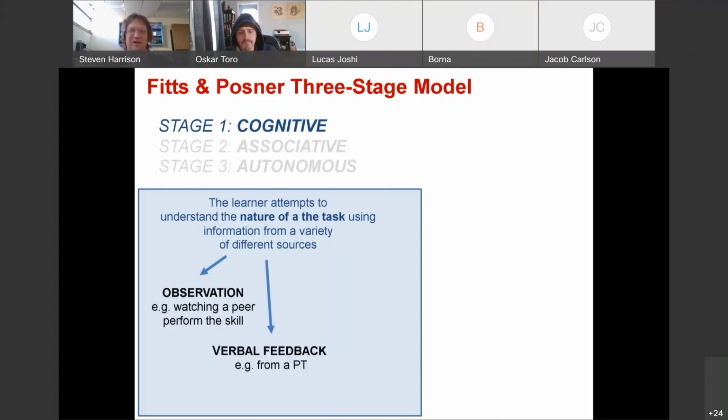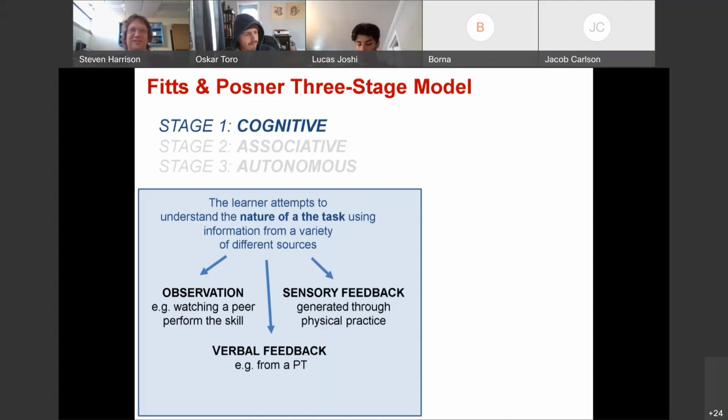It might be verbal feedback, which I put from a PT because that's obviously relevant, and sensory feedback that's generated from actually trying it out.